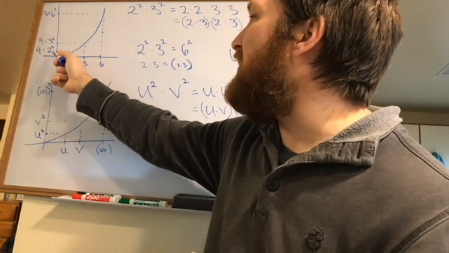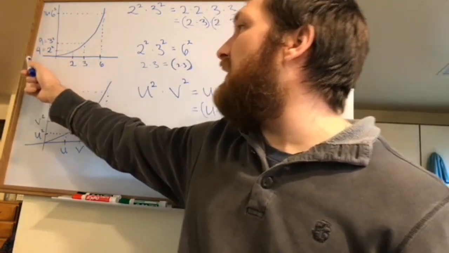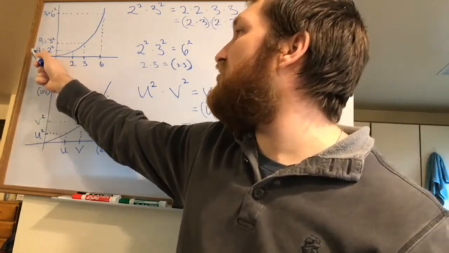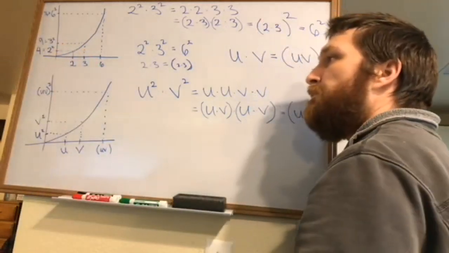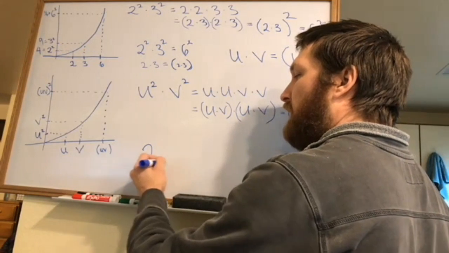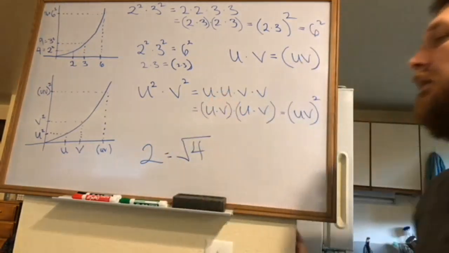When you take something and square it, you get a number. Like you take 2 and square it, you get 4. To do the opposite is what we mean by square root. You take 4, take the square root, and it brings you back to 2. In other words, 2 is the square root of 4. In fact, the square root of 4 is just a fancy way of writing 2.